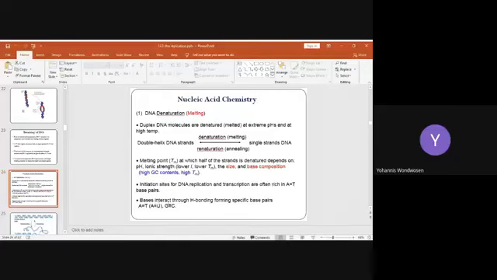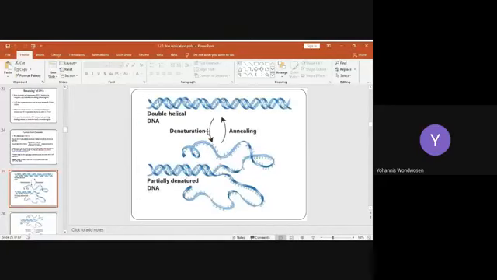The bases interact through hydrogen bonding, forming specific base pairs. So the double helical DNA is here. It can undergo denaturation. It can be separated, because single strand DNA is not functional. And when favorable conditions are present, separated DNA strands can undergo annealing or renaturation. This is a partially denatured structure of the DNA.